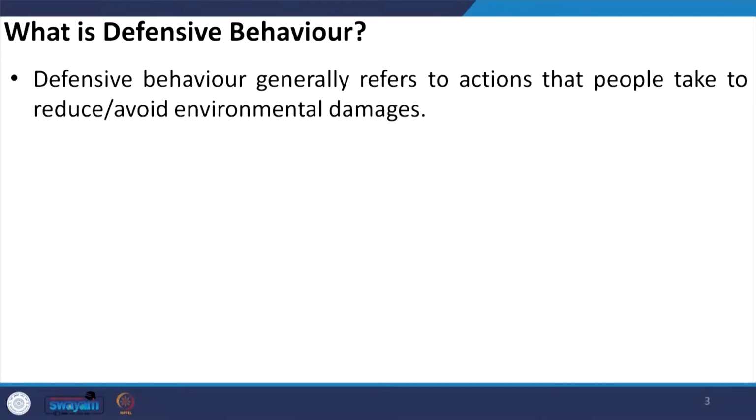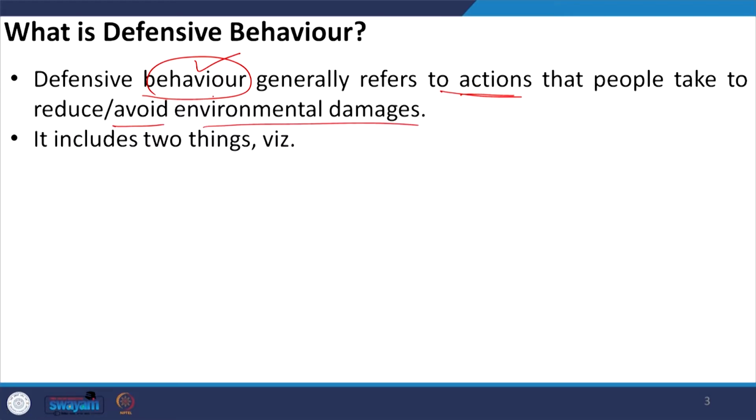So, typically you can say that this defensive expenditure or defensive behavior refers to the actions that individuals adopt, they will show their actions to reduce or to avoid the environmental damage or environmental bad. So, when we are talking about behavior, we are emphasizing this word behavior and how this behavior is transformed into actions, so that these actions avoid or reduce the environmental bads.